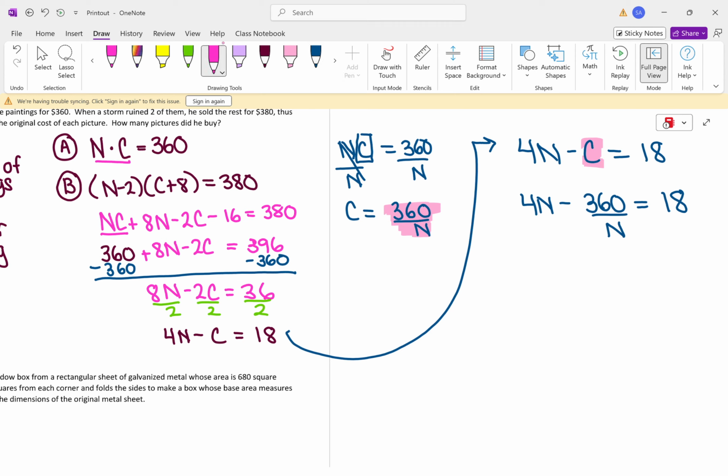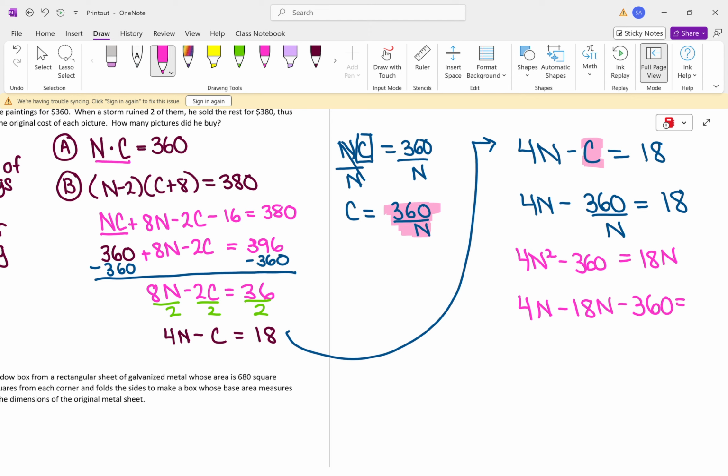How do I eliminate this denominator? Multiply by n. So when we multiply by n, I get 4n squared minus 360 equals 18n. Bring that 18 over. And you can divide by 2. Yeah, Kartik's right.